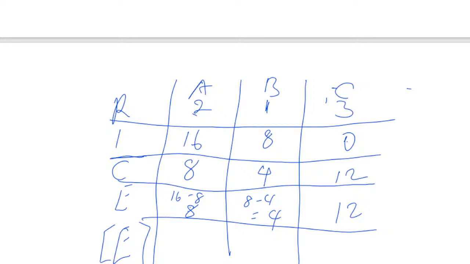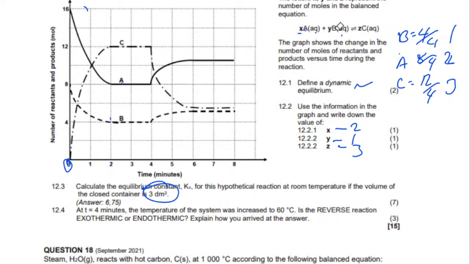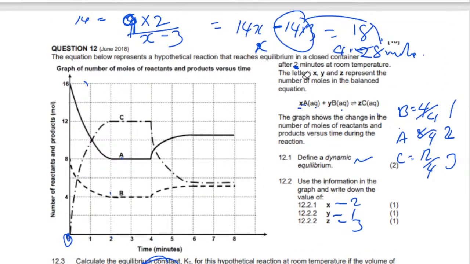So now I go to find out the concentration at equilibrium. Concentration, I have to divide by the volume, of which they say the volume is 2. Where is the volume? Oh, is the volume 2? Is it the container?